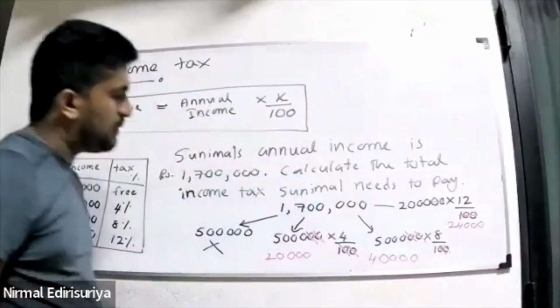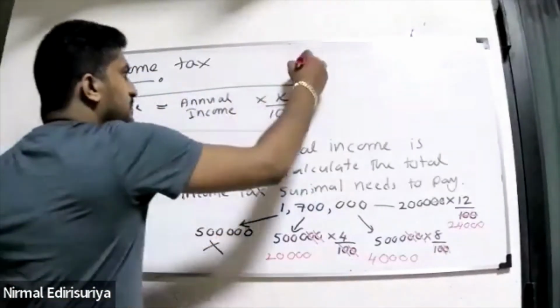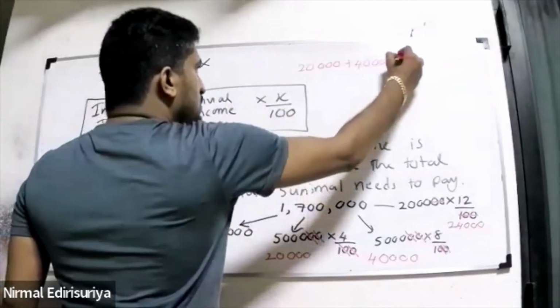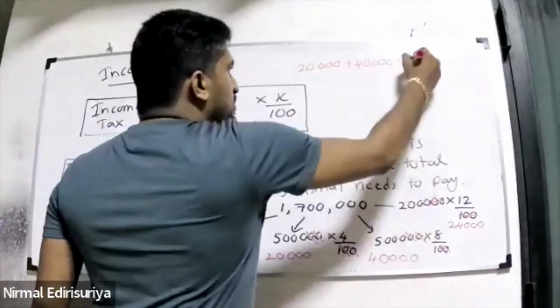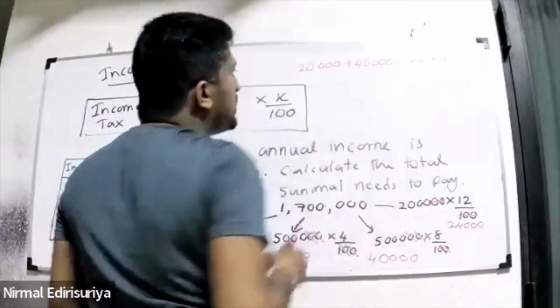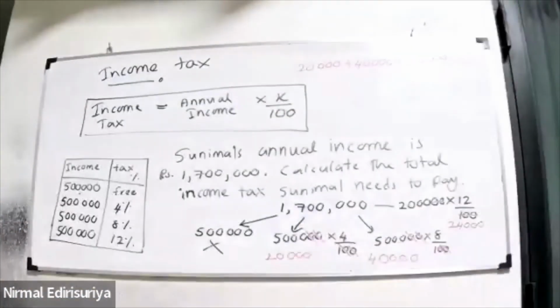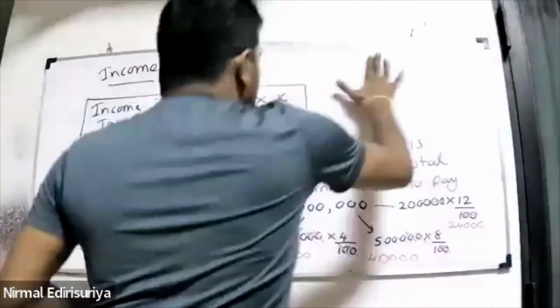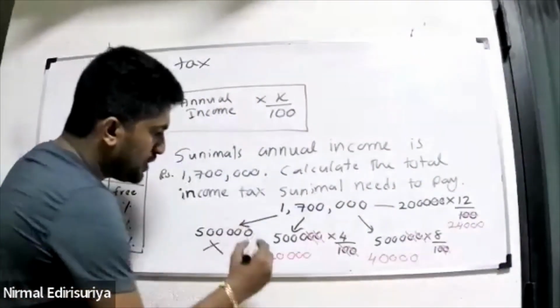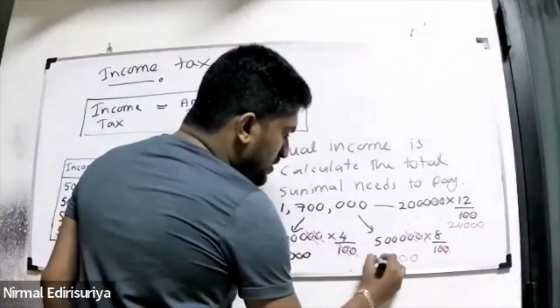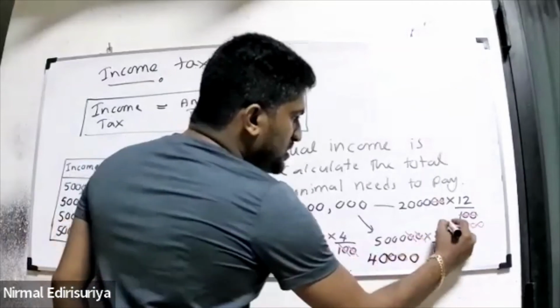Now what's the total? 20,000 plus 40,000 plus 24,000. How much? Maybe the red color one is not clear for you. This is 20,000, this is 40,000, and if I simplify this, it is 24,000.